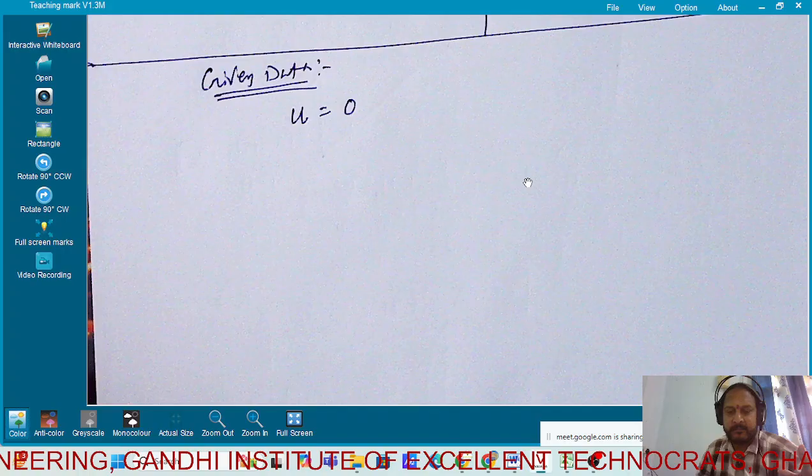So the initial velocity of the bullet is 0. What is the final velocity? 750 meter per second. How much distance has it traveled? 750 millimeter. Change it into meter: 0.75 meter.